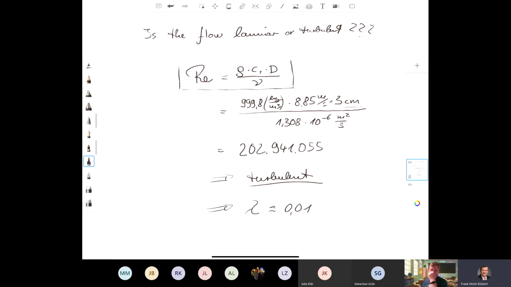That's okay. And we need the formula here. Δp equals ρ/2 times (λ L/d plus sum of zeta) times v squared.